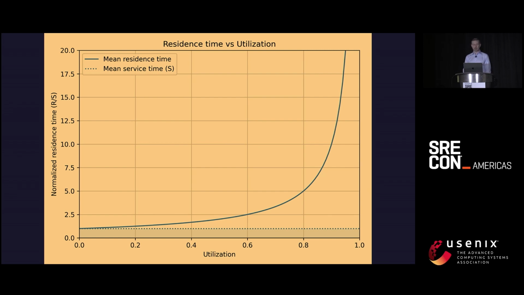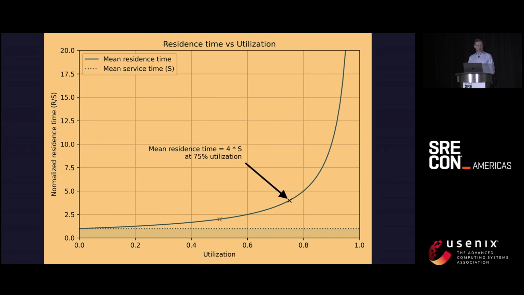Obviously, as it goes up, you get more queuing. So at 50% utilization, you actually expect a mean residence time of 2 times the service time. So if you've got a process that can respond to requests in 1 millisecond, and you're at 50% utilization, it might be 2 milliseconds that you're seeing on average.